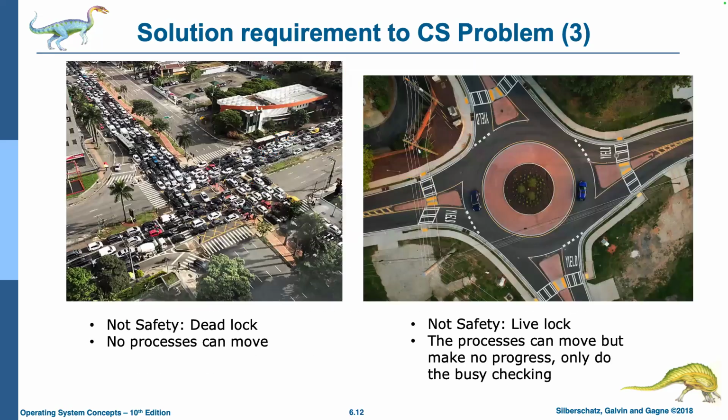Is it fair to say that safety and liveness are like opposite ends of the same spectrum? The more safe it is, the less live? No. From this intersection, we can see the traffic lights can protect safety and liveness together.